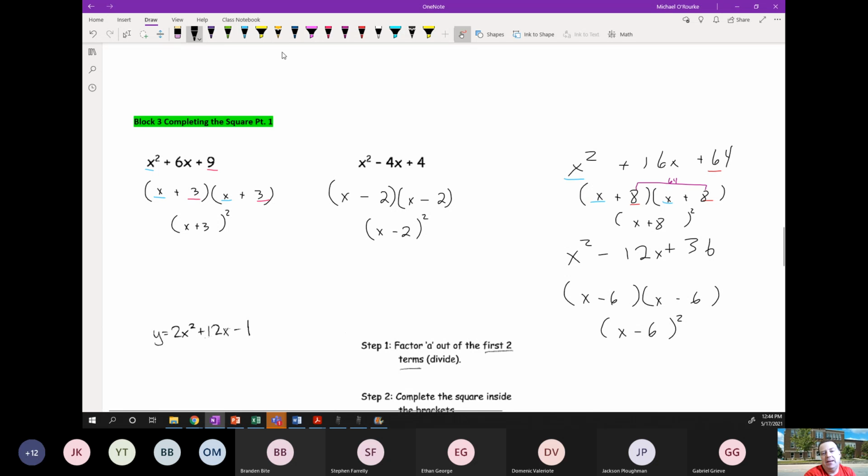Okay, now I'm going to ask you to find a pattern here. So I want you to find me the relationship between the things that I'm highlighting. What do you notice about all the things I'm highlighting?